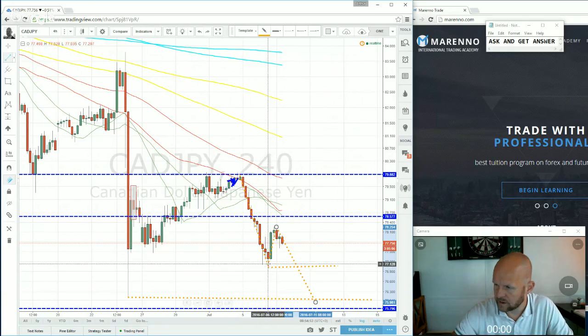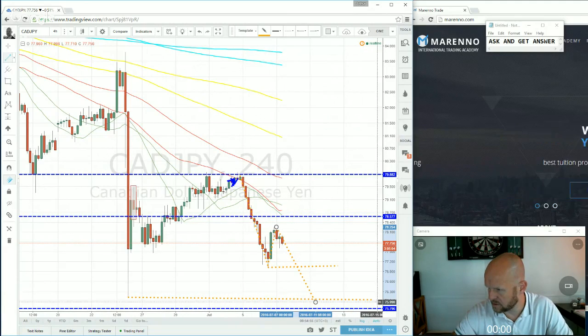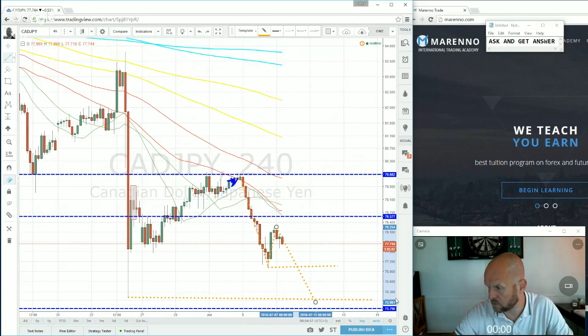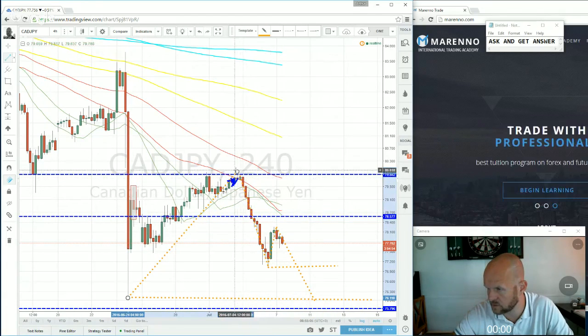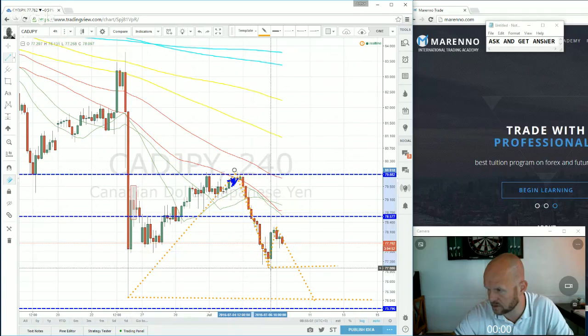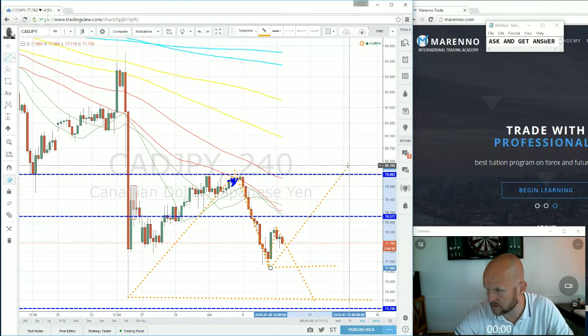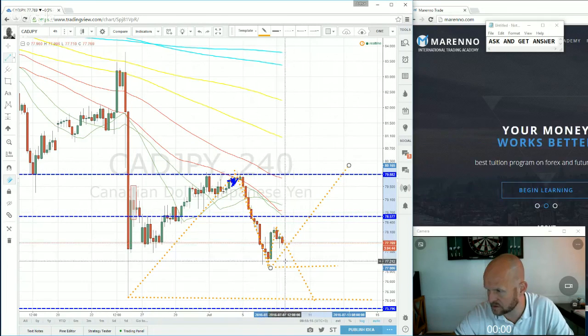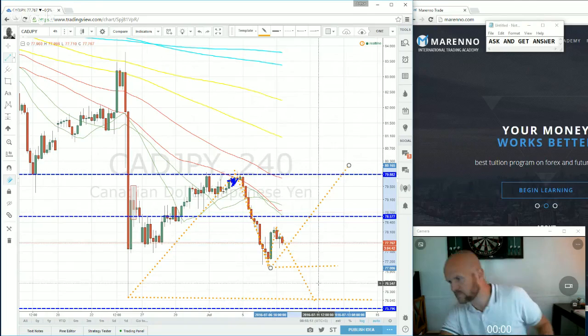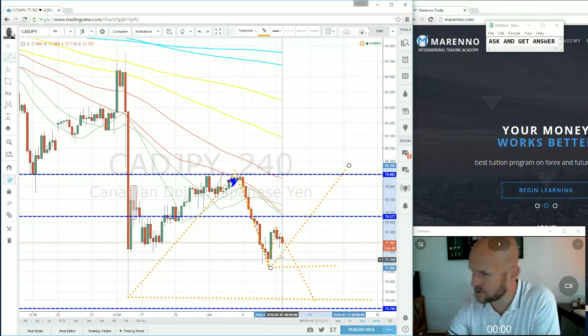This level might be broken, and the price will possibly go here as well. But also, what is possible, again, another view, you always must have at least 2 views on the market, is that something like this is going to happen, and then it will go down. To do this kind of move, the price must collect the volume here. By volume, I mean stop losses.